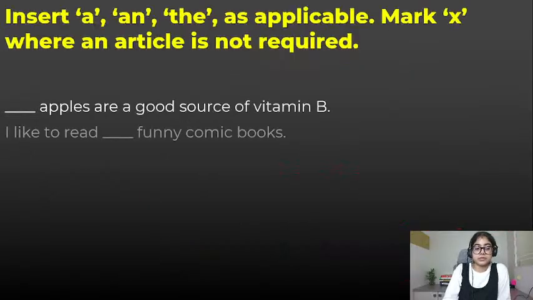Okay, for example, these are the 2 sentences. Can you guess the right article for these sentences? First is dash apples are a good source of vitamin B. What is a most suitable article in this sentence here?